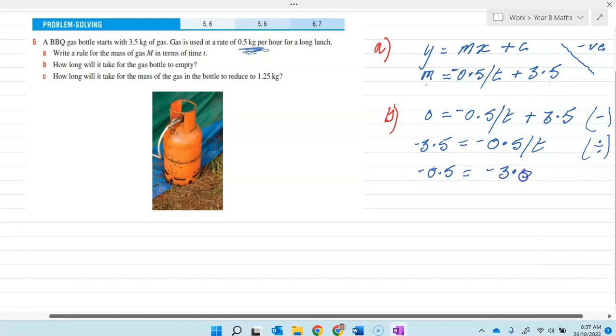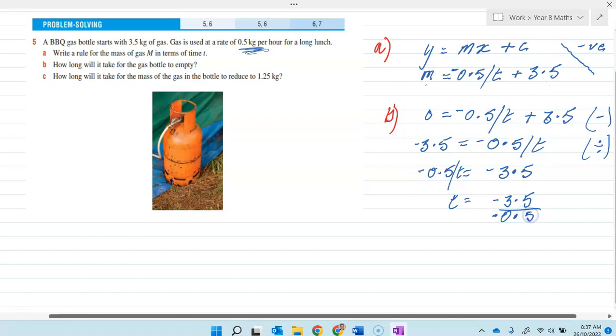Now we know a negative divided by a negative equals a positive. So both sides divided by negative 3.5, both sides divided by negative 0.5.